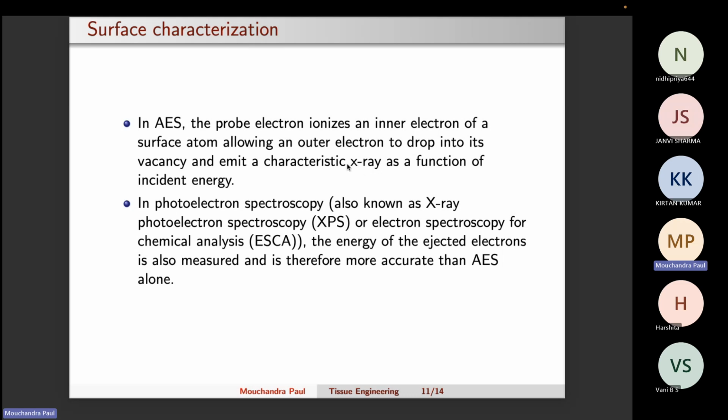In AES they only study what kind of emission is coming, but here they also study which electron is coming down, from which energy band. That is also being measured. That is why the data that you get from XPS is much more accurate than AES alone for understanding the surface chemistry of your particular biomaterial.